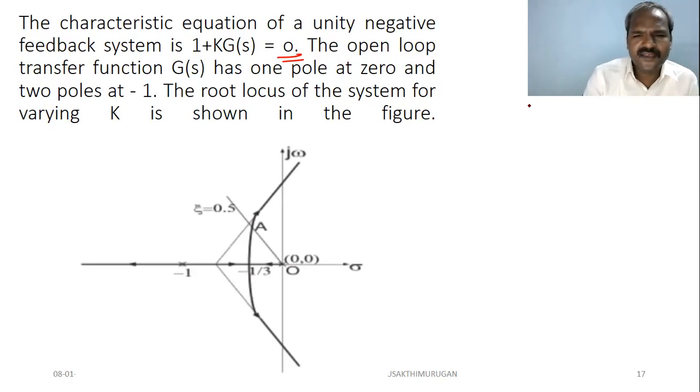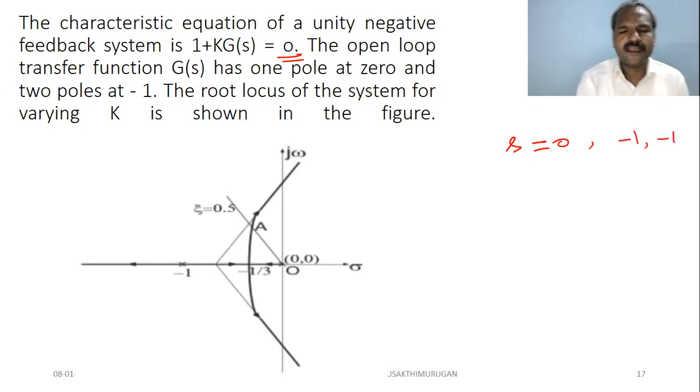So what is the G of S? One pole at 0, so S equal to 0, then two poles at -1. The root locus of the system for varying K is shown in the figure.